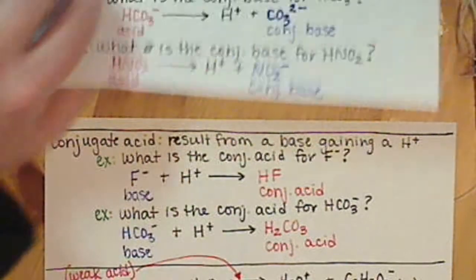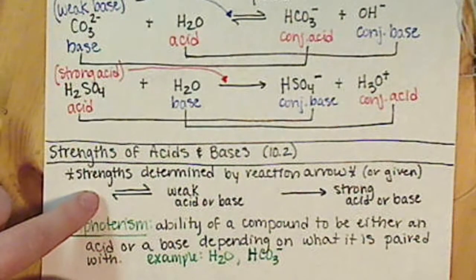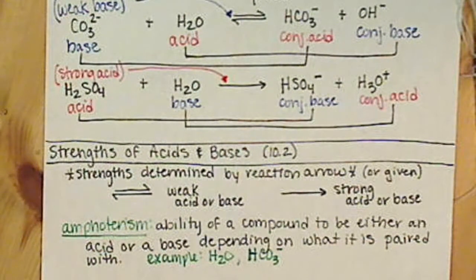All right, so back to section 10.2. And the next thing we talked about was the strengths of acids and bases. There is a table in your book that lists the strong acids, the weak acids, strong bases, and weak bases. You do not need to know that.